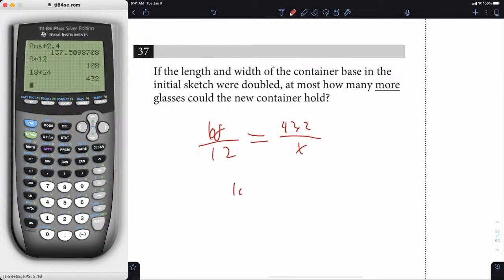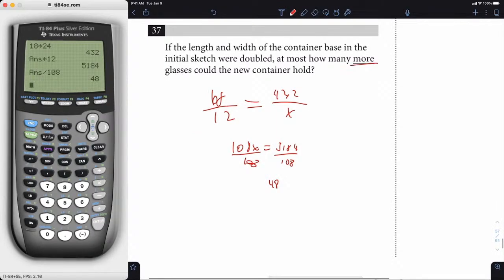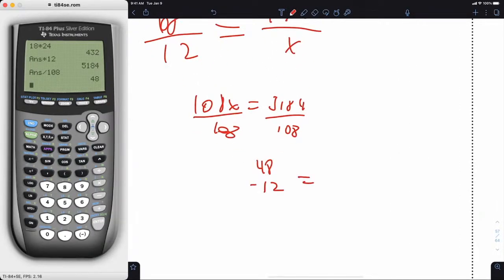So let's do a little cross multiplying. We're going to divide by 108 on both sides. That gives 48. But originally we held 12 glasses, and it says how many more. So it's 48 minus 12, which is 36 more glasses.